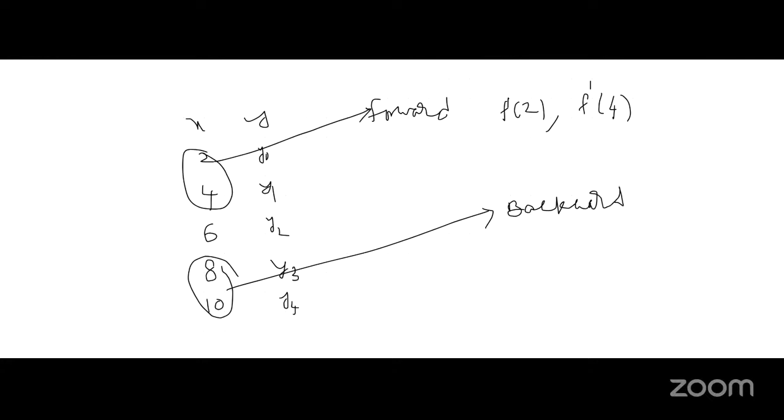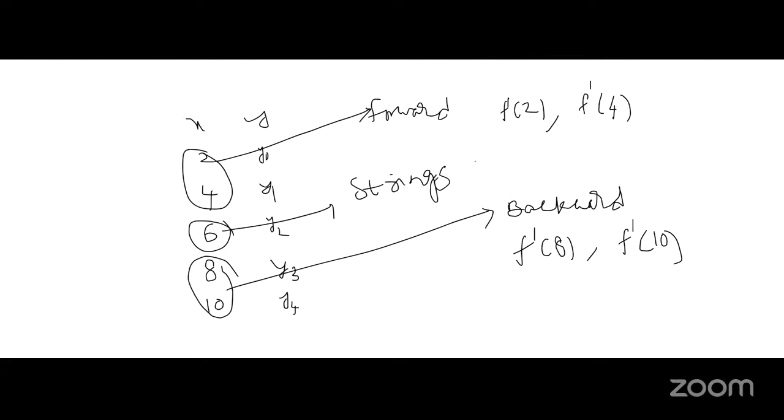For 8 comma 10, we can use backward. That means if they're asking f dash of 8 and f dash of 10. And for the middle values, we can use the Stirling difference table.